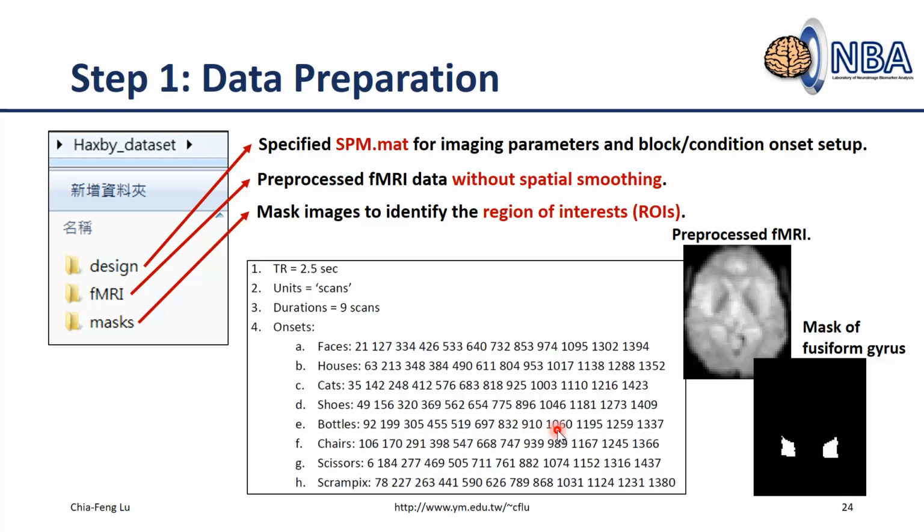So I want to emphasize, with MVPA you don't really need too many subjects to do the analysis. You can focus on a single subject. However, in the study design, again, you need sufficient sample data right here. You need sufficient runs, sufficient blocks, so you can perform the machine learning.